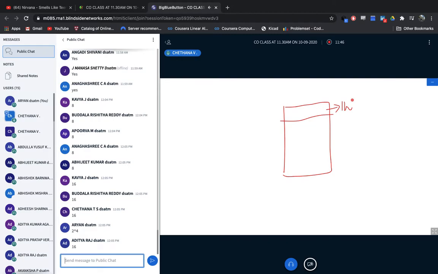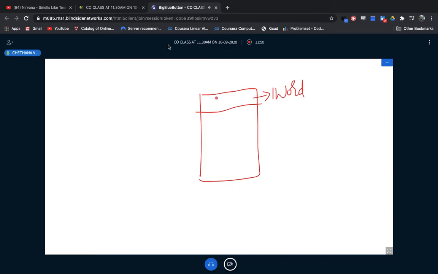If this one word is equal to 32 bits, that means I am able to store 32 bits of data in total. If it is 32 bits, what is one word? One word is equal to 4 bytes. Now my question to you: what is the maximum number of memory addresses required, or how many address locations are you able to get with this memory?